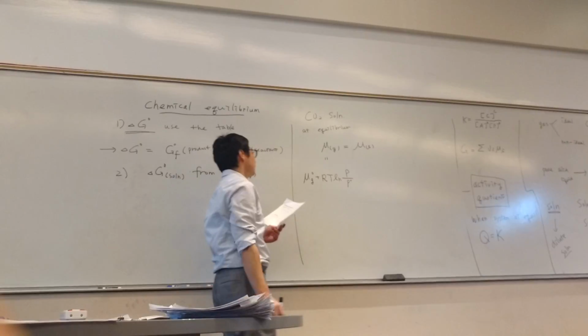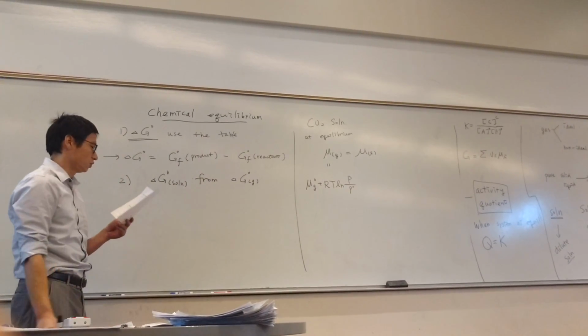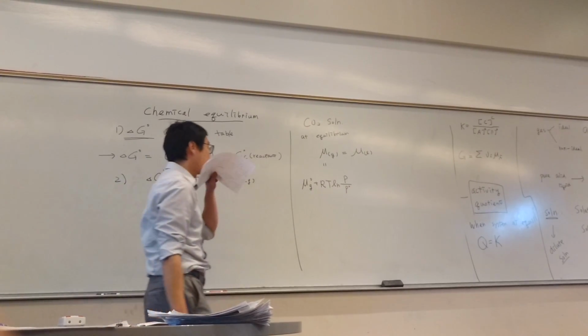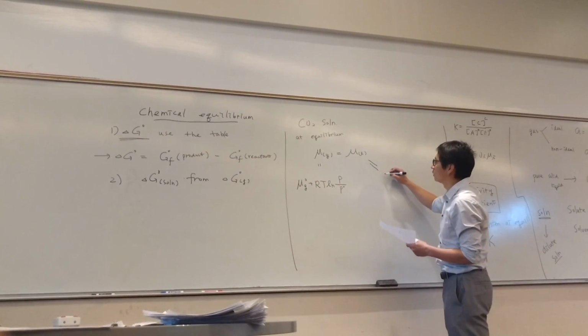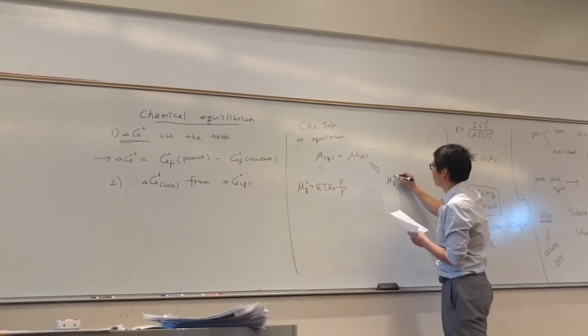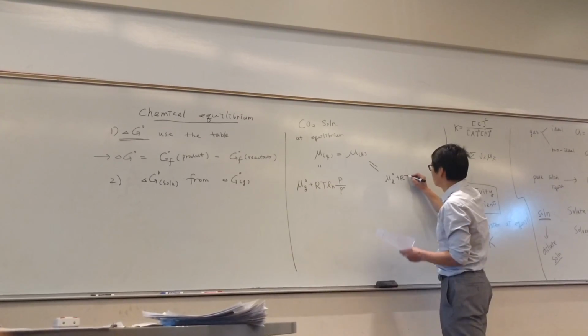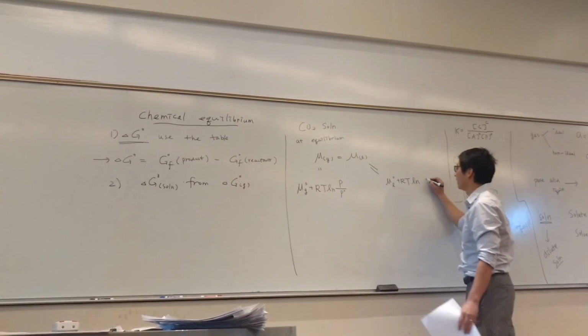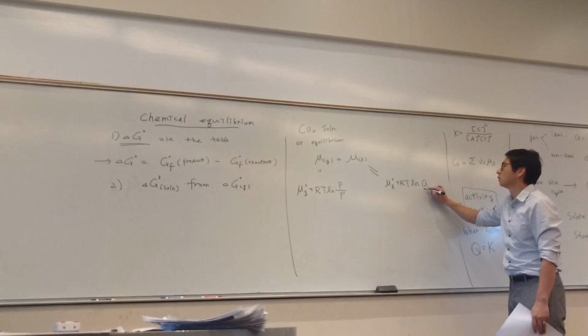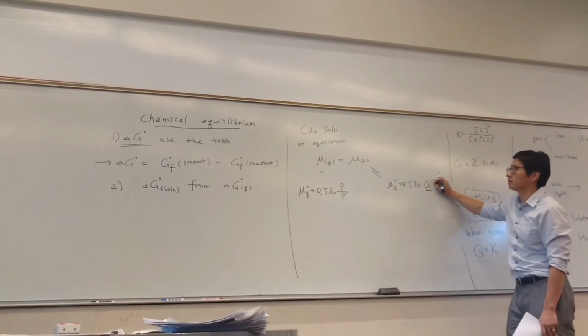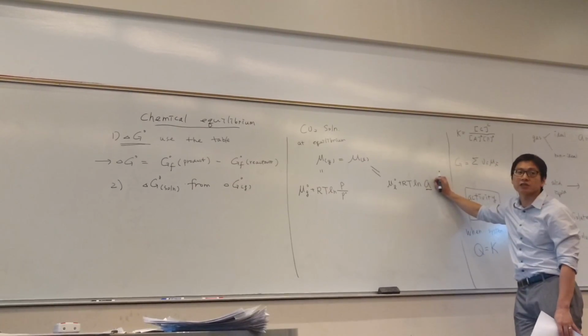So mu L is going to equal your mu L naught plus RT natural log A. So how to express the A here is actually the key.